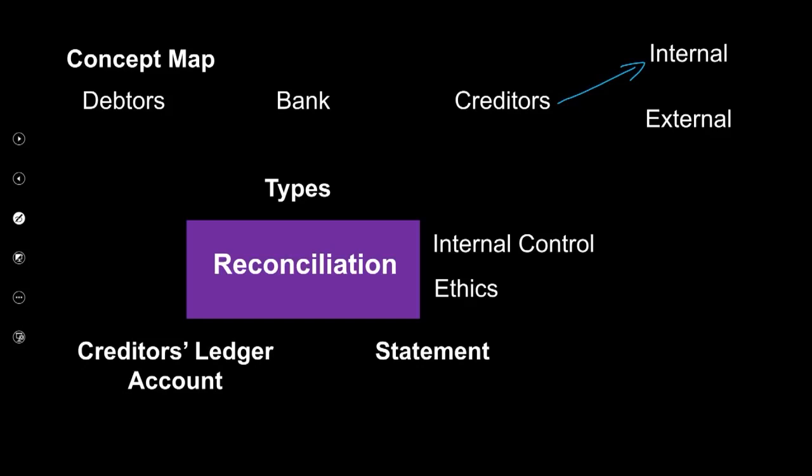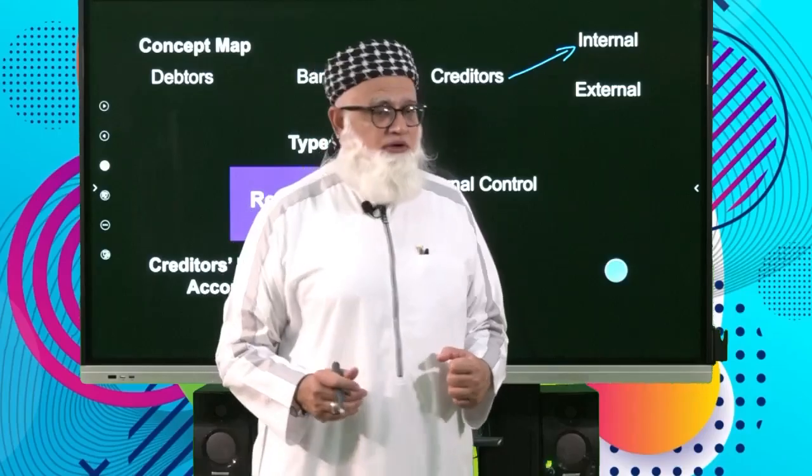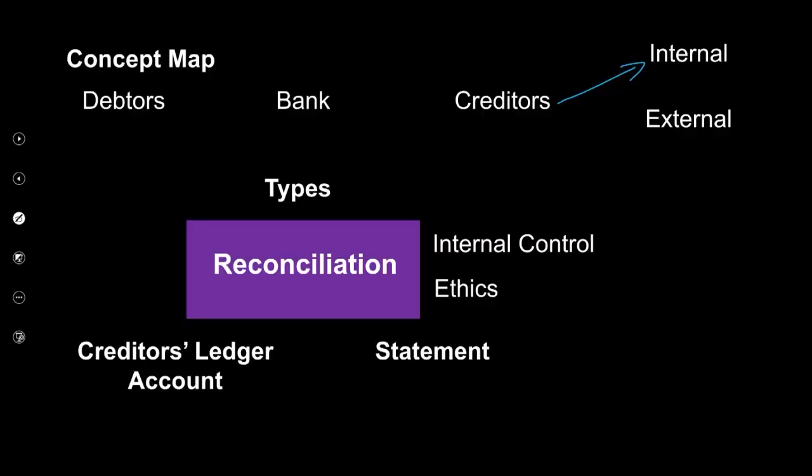It's an internal creditors recon. So this means that you have your creditors control in your general ledger, and you have a creditors ledger with individual creditors. So this is what you're reconciling: your creditors control account with your creditors list.